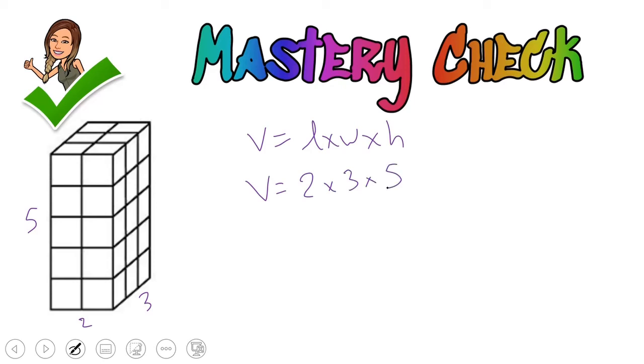So we have 2 times 3, which is 6, and times 5. Ooh, 6 times 5, that's pretty easy. I know that one. So I know volume is 30 cubic units.